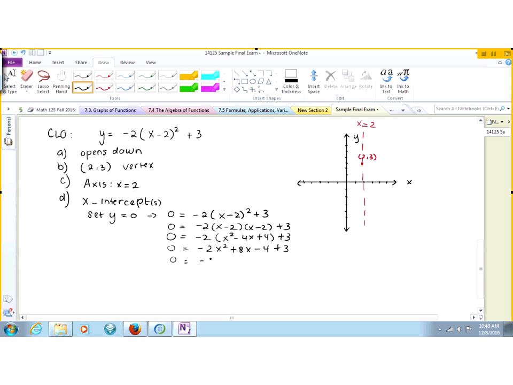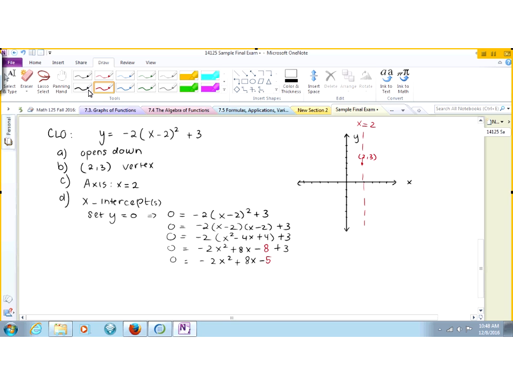So this is -2x squared plus 8x minus 1. Is it? Yeah, is it? No, this one is supposed to be -8, right? Yes. That's right. Thank you, Adam. Yes. You are right. Yeah.